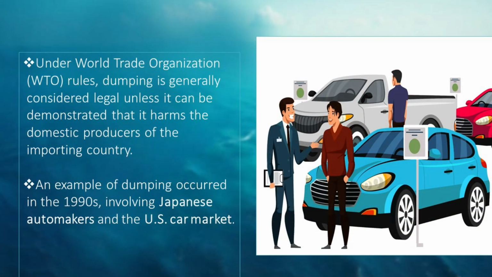Now, under World Trade Organization rules, dumping is generally considered illegal unless it can be demonstrated that it harmed the domestic producers of the importing country. If evidence of such harm, which we can refer to as injurious effect, is found, the practice is deemed illegal and an anti-dumping duty is imposed.